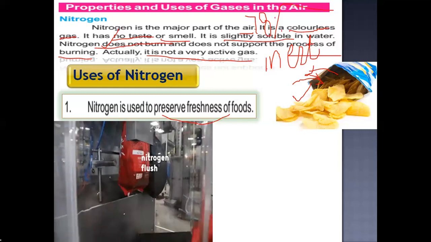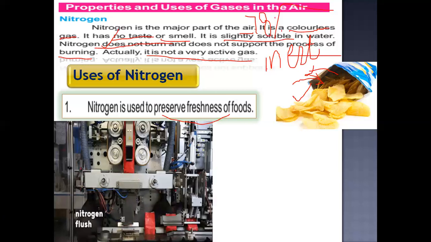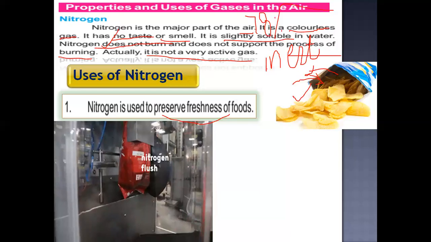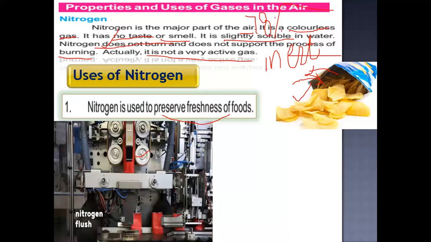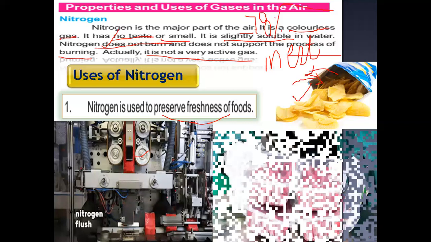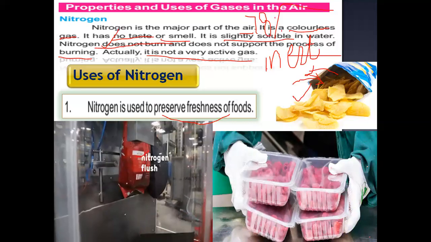If you see like this, yes, there is a pump, a nitrogen flush, by which these packets are filled with nitrogen. And here you can see some food storage.